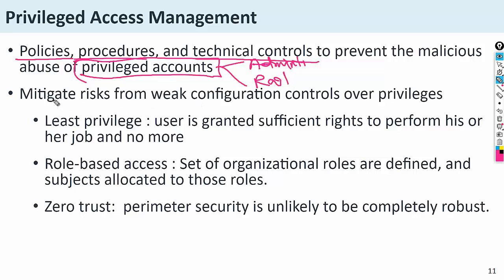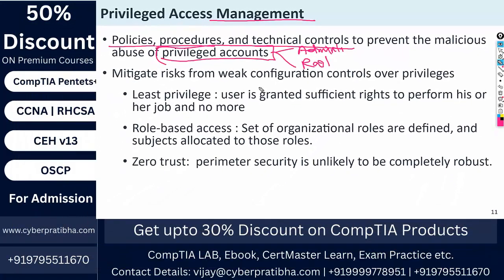So how can you mitigate this risk? Access management means controlling their privileges by doing the configuration, making their configuration strong over the privileges.